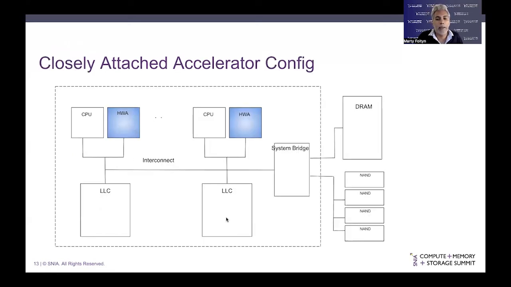Here's a block diagram, again, zoomed in on the microcontroller. This time, the HWA is attached as a peer of the CPU to the interconnect, where it can initiate its own reads and writes. So to decrypt, it could load in from the NAND, and then write into the last level cache, like the decrypted data.